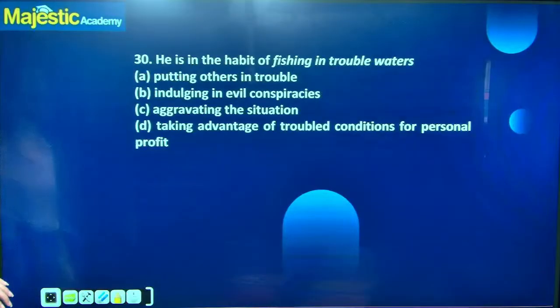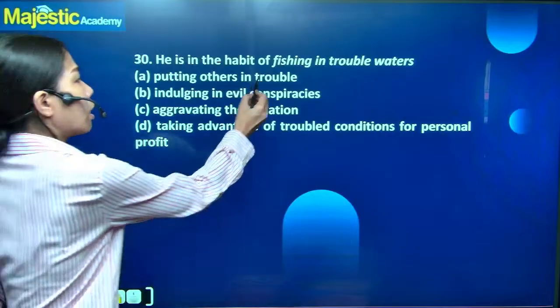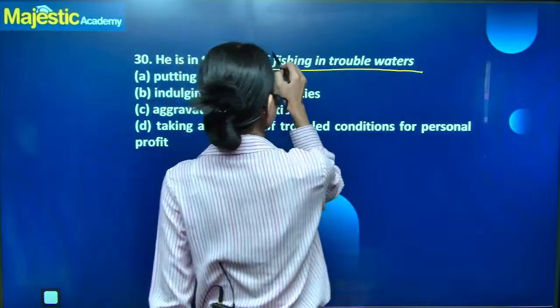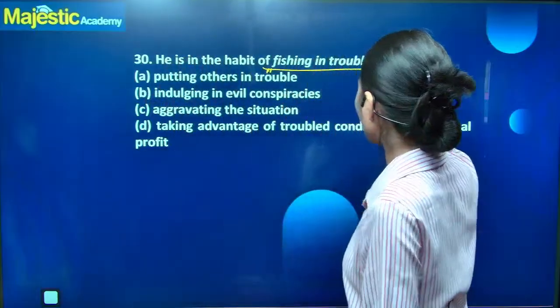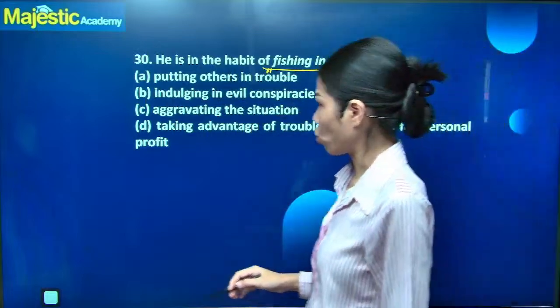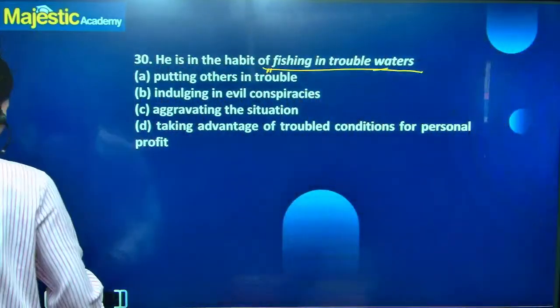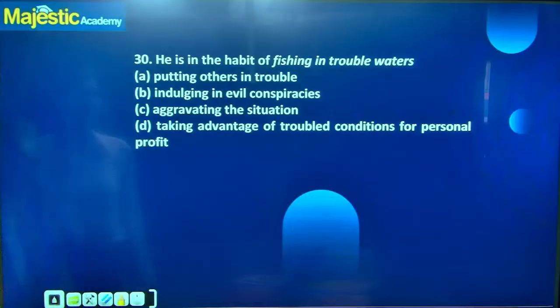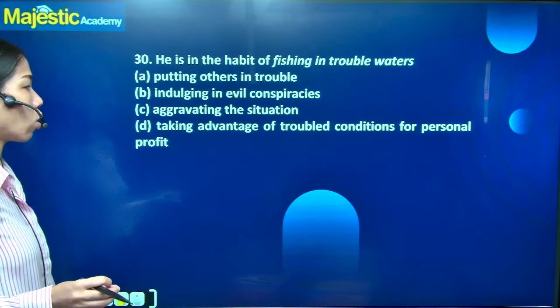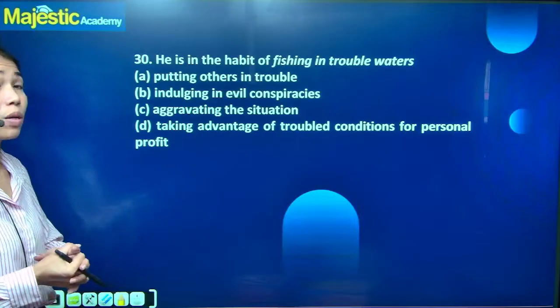Question number 30 says he is in the habit of fishing in troubled waters. ठीक है? अब now this is again an idiom. अब इस idiom को आपको यहाँ पे directly इसका meaning ढूंढना है. So we can see the option A says putting others in trouble, indulging in evil conspiracies, aggravating the situation, or taking advantage of trouble condition for personal profit. ठीक है?